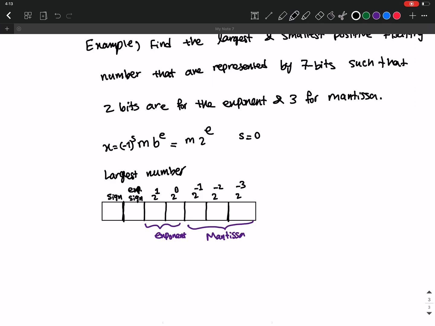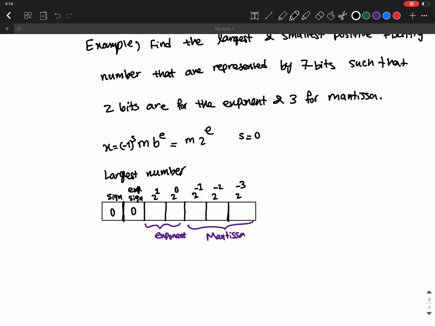So the sign is already given to me. It's clear from the question, so it's gonna be 0, positive. And for the exponent sign, 0 is gonna be for positive and 1 is gonna be for negative. Of course, for the largest number, the exponent sign should be positive, so I'm gonna put it to 0 here.